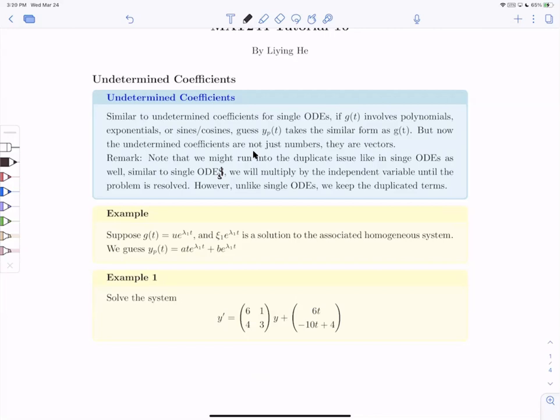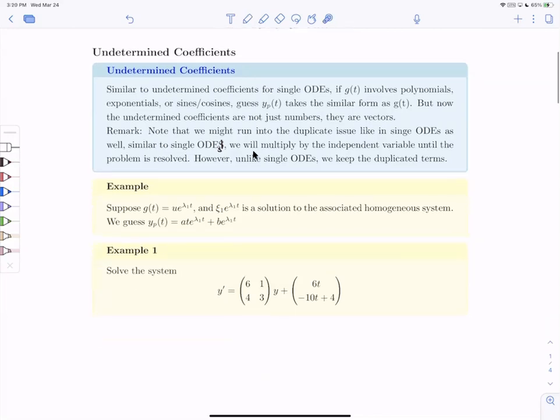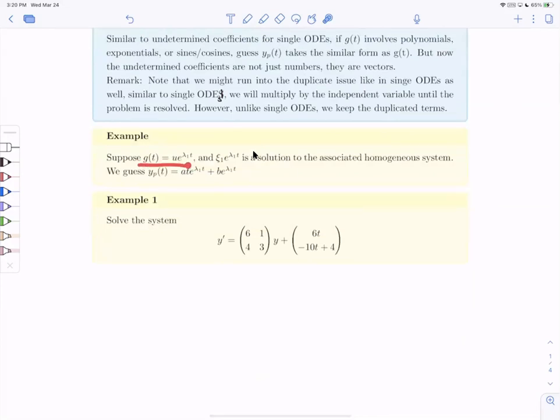So for example, here's an example. Suppose g of t is this. Okay? u e to the lambda 1 t, and this is the solution to the homogeneous system. So this is your complementary solution, and you see that, well, it's duplicated.